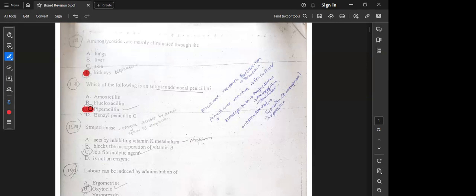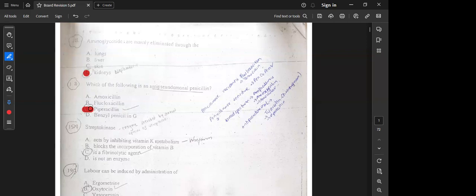The first generation is not effective against Staph aureus. The second generation, anti-staphylococcal, is effective against methicillin-sensitive Staph aureus, but some bacteria have become resistant to this.